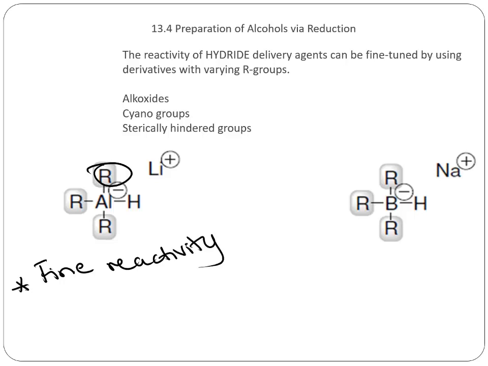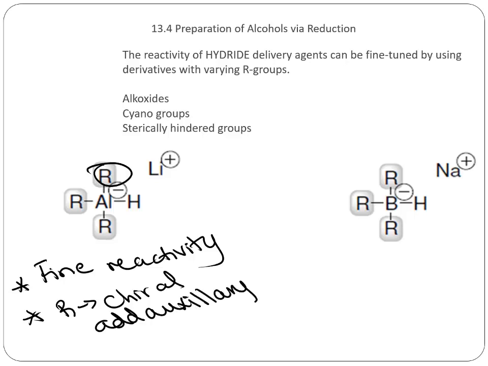That's one. And remember, I said that you are not going to get one product, you're going to get a mixture of products if your molecule ends up being chiral. Well, one thing people can fine tune is that they can change the R groups into something chiral, or they can add some sort of auxiliary. When I say auxiliary, it means a helper to the agent to make it behave chiral.